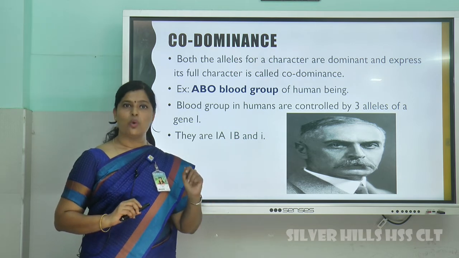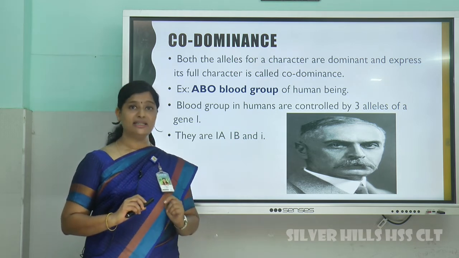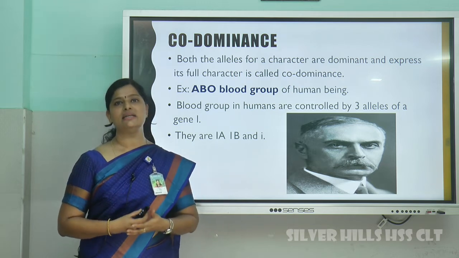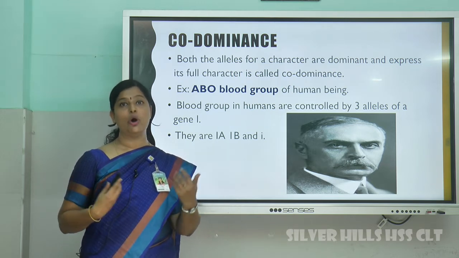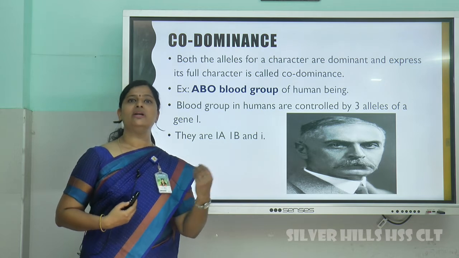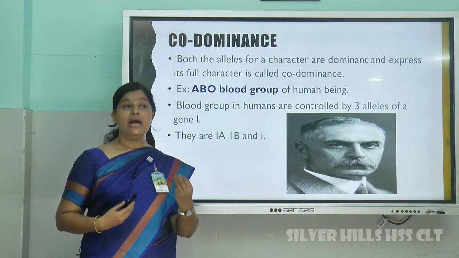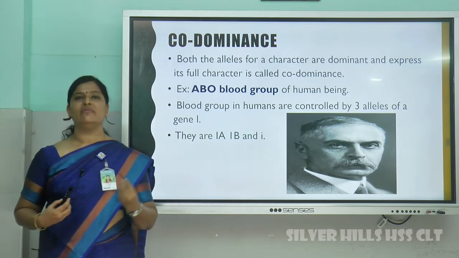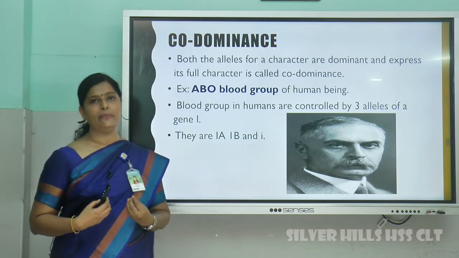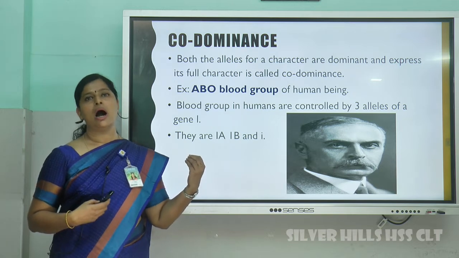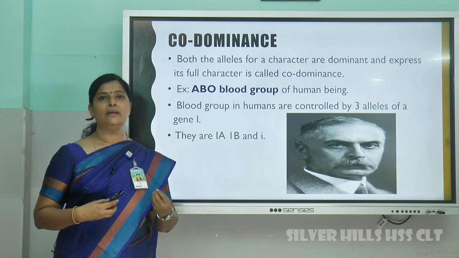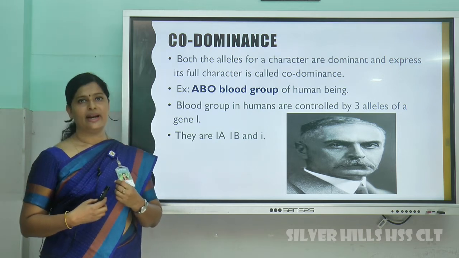In the law of dominance, one factor is dominating and the other one is suppressed, isn't it? Here both the factors are dominant characters. ABO blood grouping is a good example for this phenomenon, which is called codominance, right?